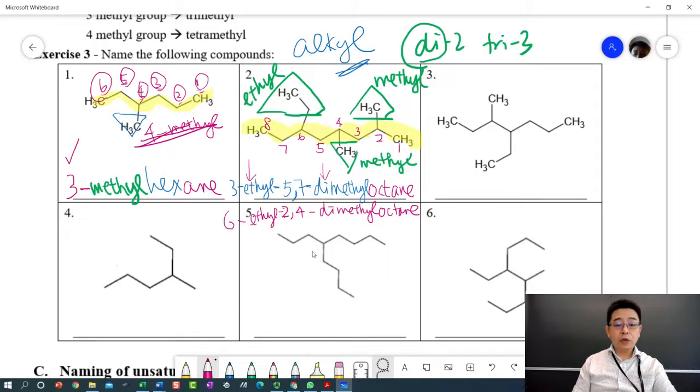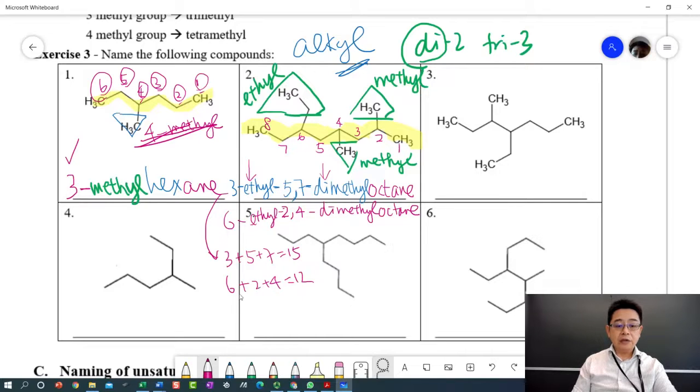So which one is the correct naming? The answer is we check the number, add them up. The first case is 3 plus 5 plus 7 equal to 15. Second case is 6 plus 2 plus 4 equal to 12. The rule behind is the smaller, the better.